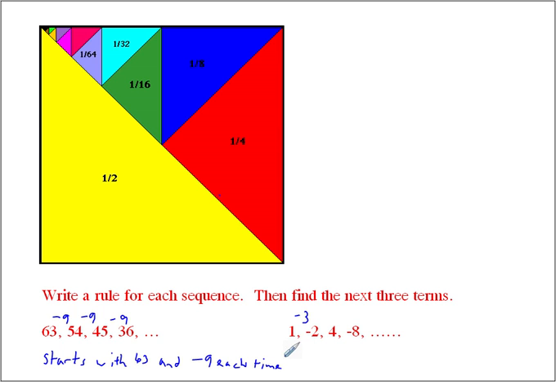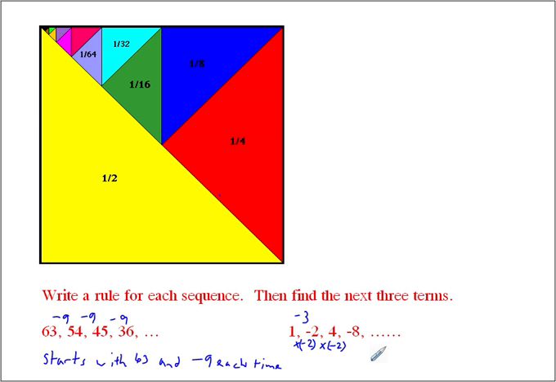1 times negative 2 would change that to that. So times negative 2. Does that work? Does this times negative 2 work? Yes, it does. Does this times negative 2 work? Yes.